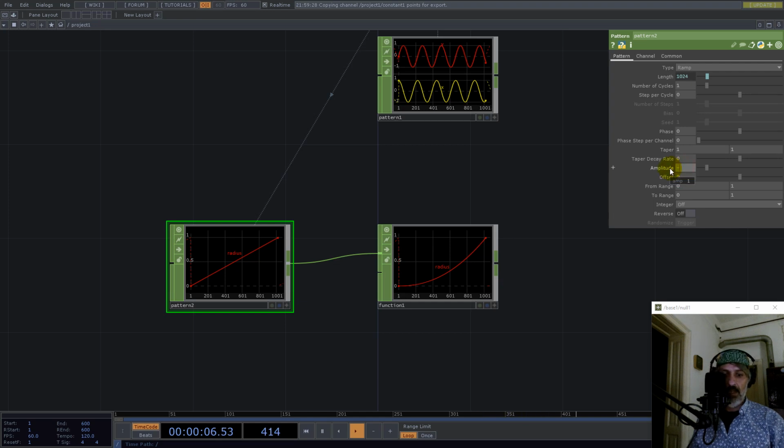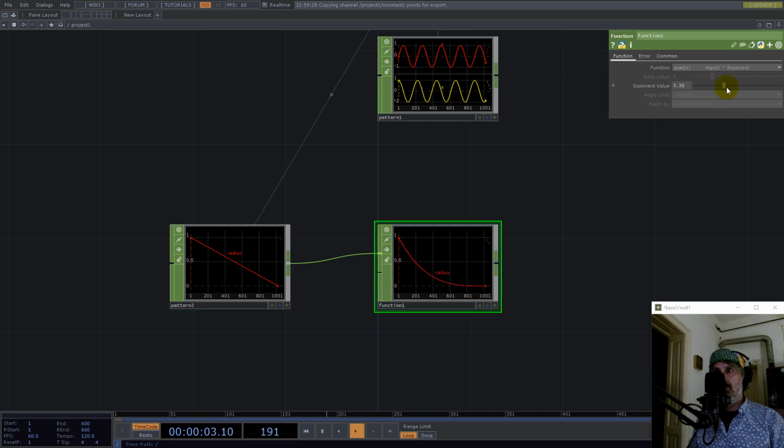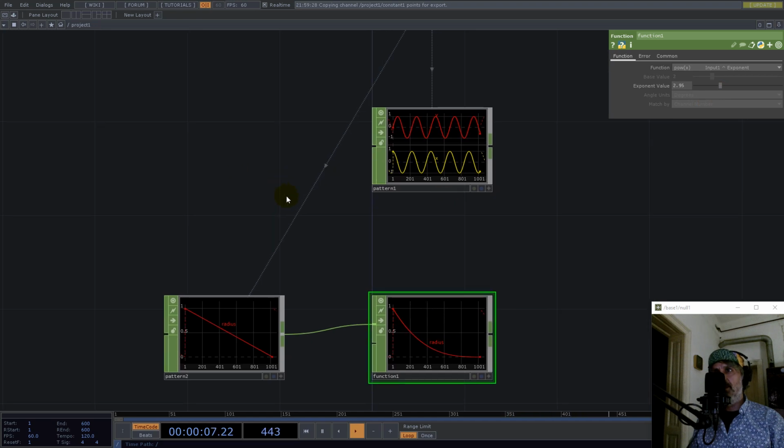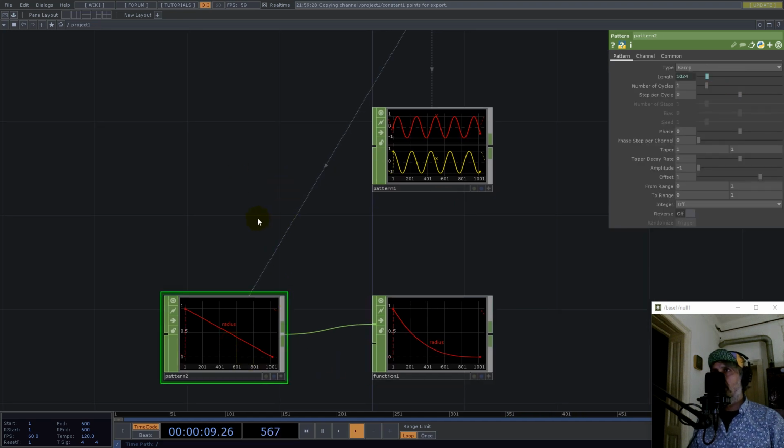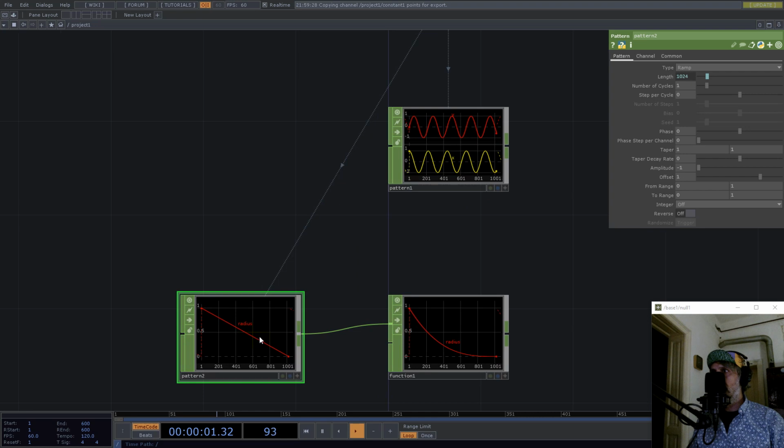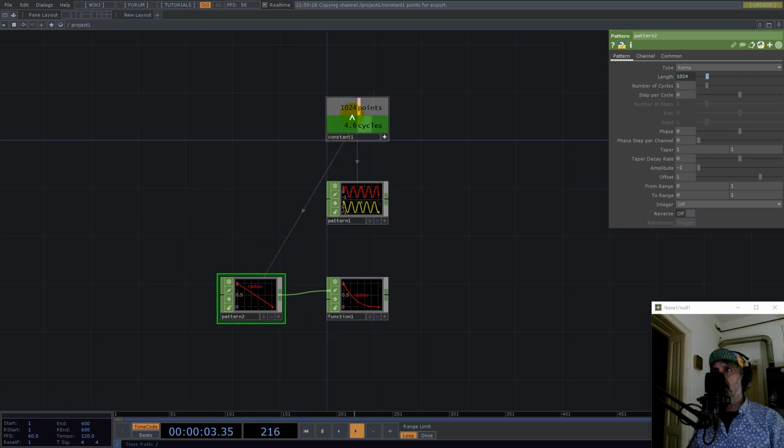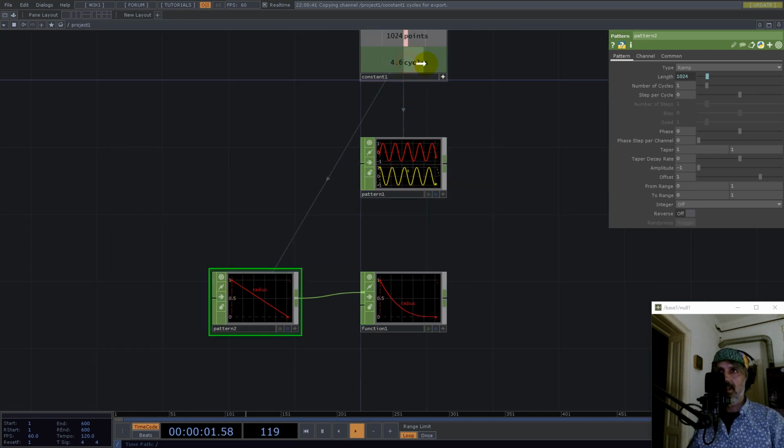We say -1 and 1 for the offset, and now we have something like we had before. The only thing we need to do is to specify, okay, so we have the amount of, not the amount of points, sorry about that. Here instead we go for the cycles.